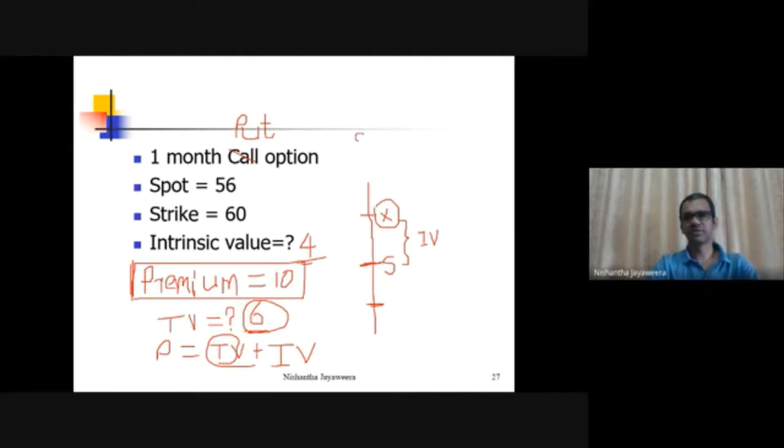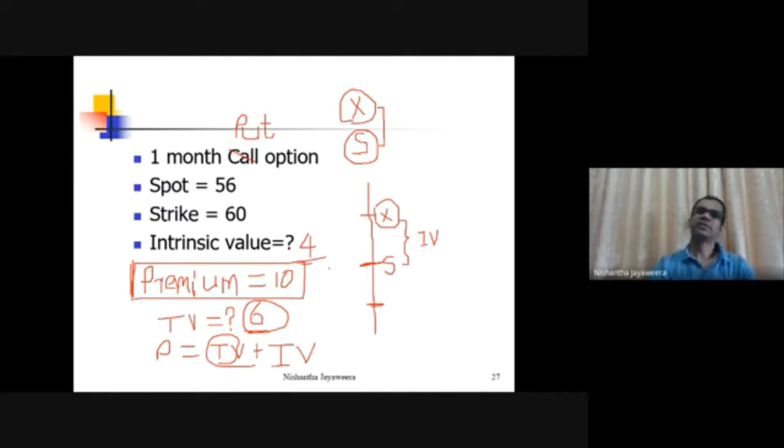Right, strike price. But indeed, you can say the spot price too, both, but what matters is the difference, whether strike is above the spot or whether strike is below the spot. That depends on whether it's a call option or a put option.